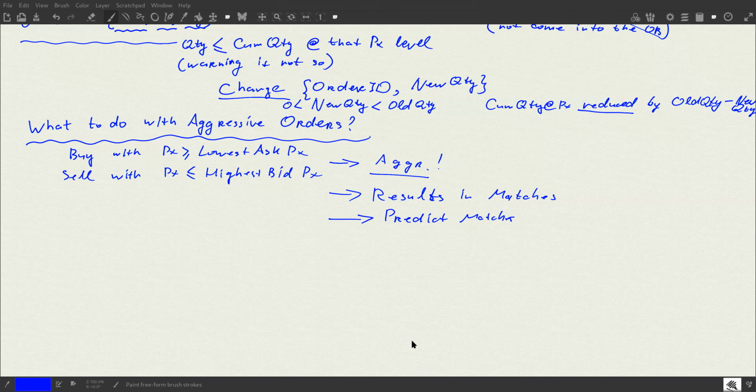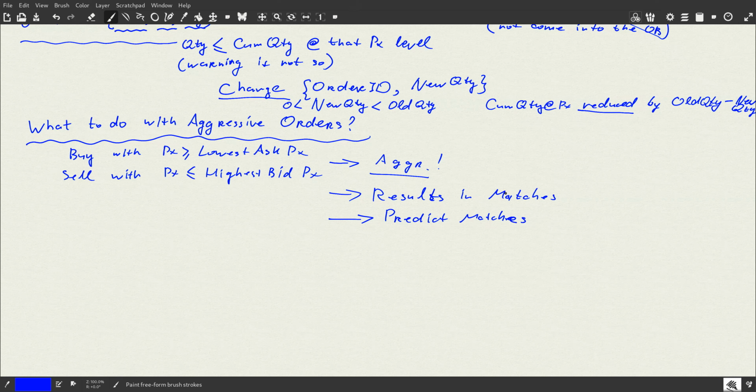Yes. Please say yes. What will you recommend? Yes. So you say yes. Okay. The question is whether we should do that. Predicting matches would arguably complicate the order book construction.